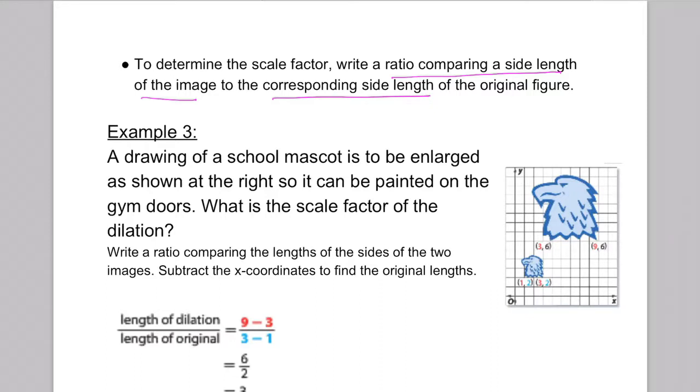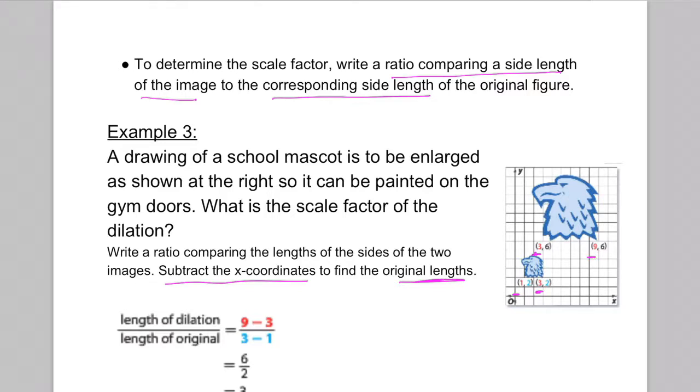Let's do an example. A drawing of a school mascot is to be enlarged as shown at the right so it can be painted on the gym doors. What is the scale factor of the dilation? Write a ratio comparing the lengths of the sides of the two images. Subtract the x-coordinates to find the original length. So all they did was take 3 and 1 and 9 and 3.